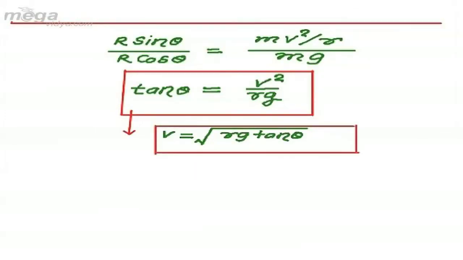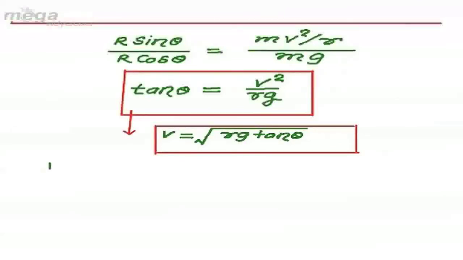This is the velocity which we see on the sides of highways, where at some turns a speed limit is shown, because that speed limit is the velocity obtained by this equation, where r is the radius of curvature of the path, g is acceleration due to gravity, and theta is the angle of banking.